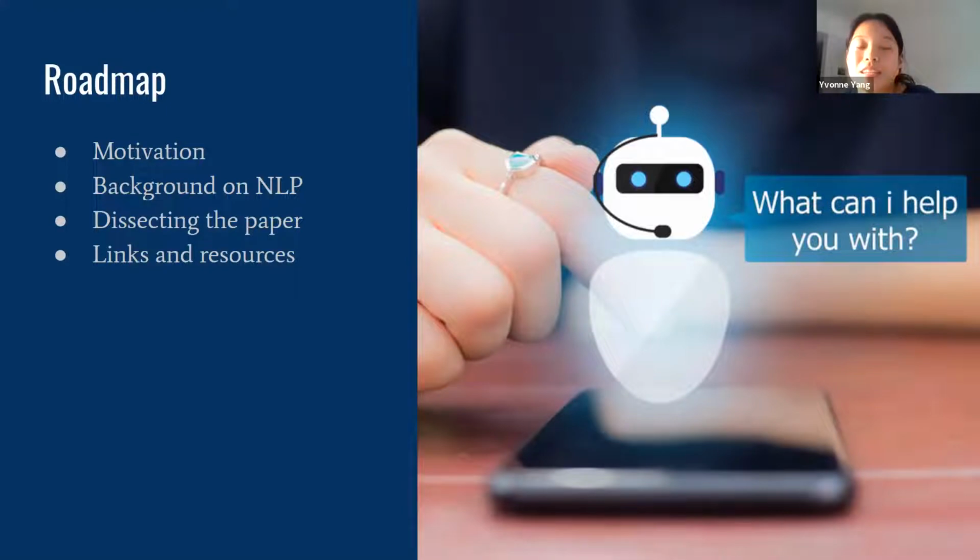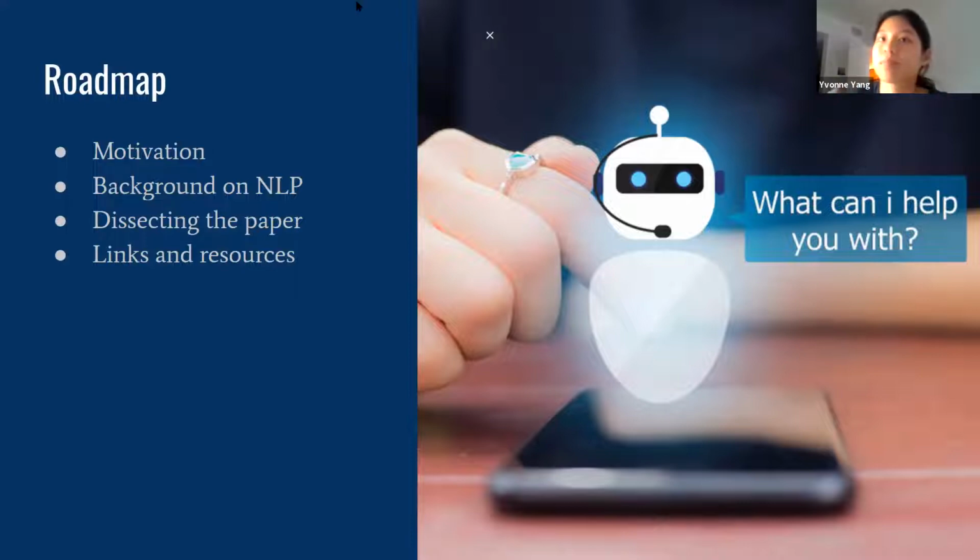I'll be filling people in on some background for natural language processing because there is quite a bit of information. And then we'll move on to dissect the paper page by page. I think that's what people requested last time, so they can really go in depth into the paper itself.